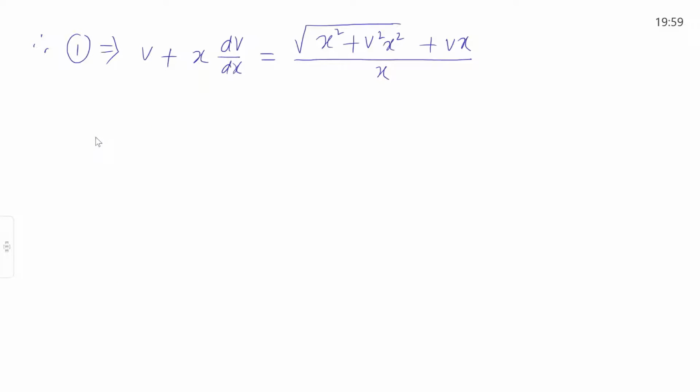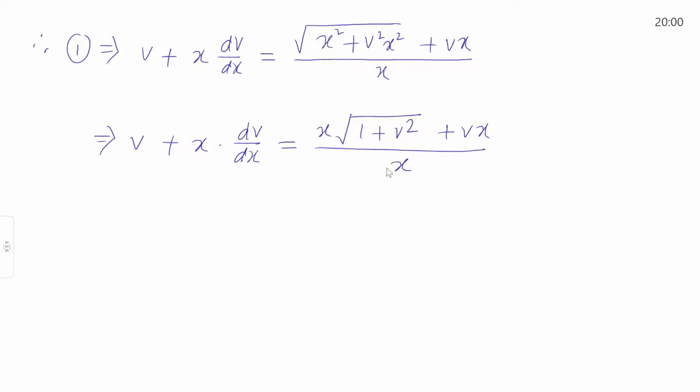So this implies left hand side remaining the same, v plus x into dv dx is equal to the right hand side. You can see x square is common, and if we bring it in front of the square root it simply becomes x. This is x into root over 1 plus v square, then plus vx divided by x. Clear?